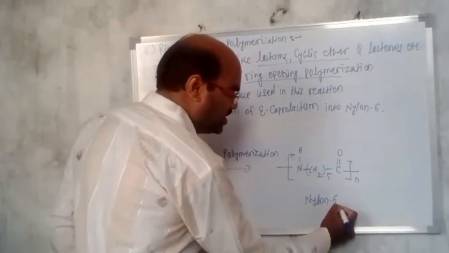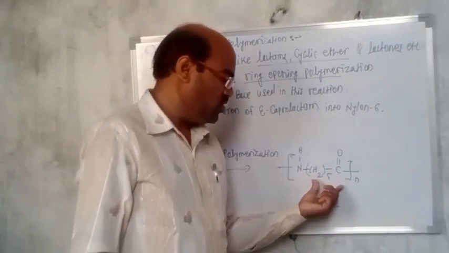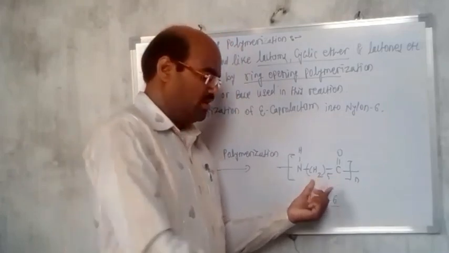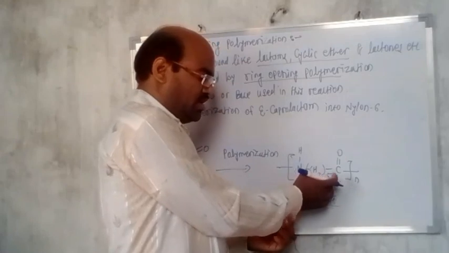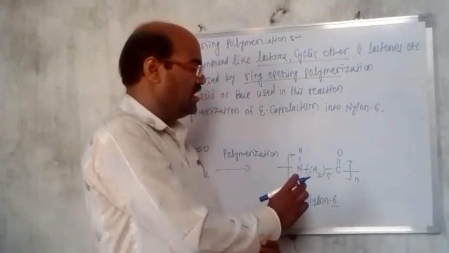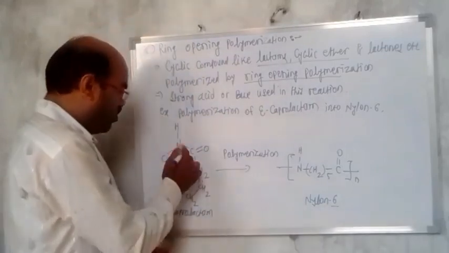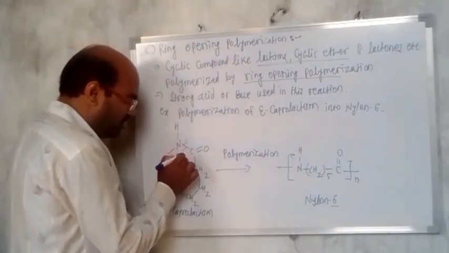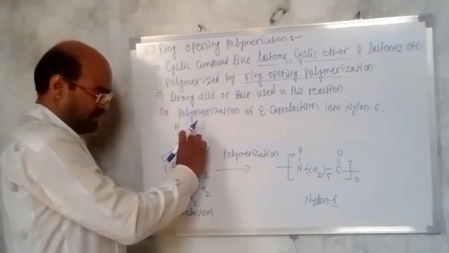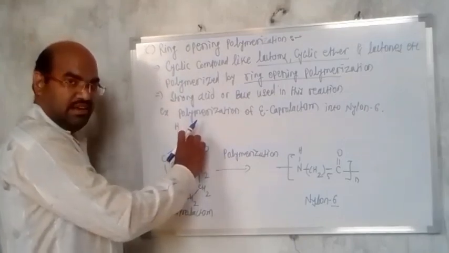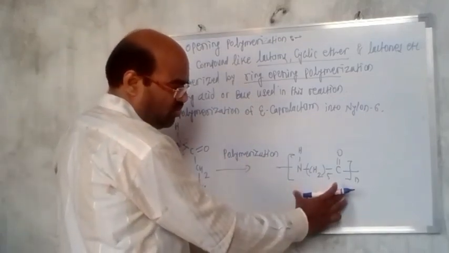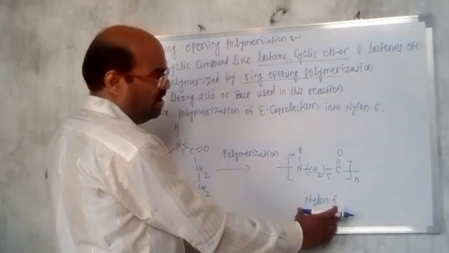The number 6 is given because the monomer unit has 6 carbons, 5 in CH2 and 1 in CO. So when we use an acid or base catalyst, the cyclic structure breaks from here and is converted into a long chain polymer. So this is nylon 6.